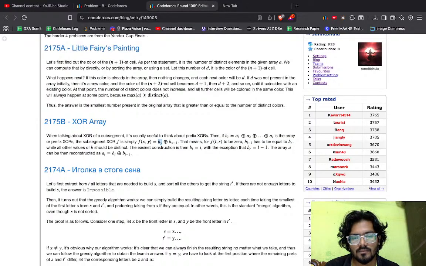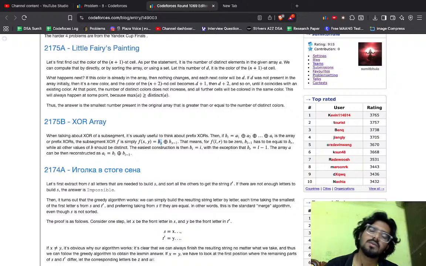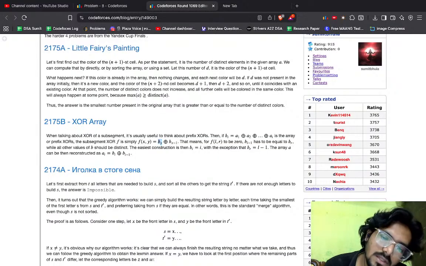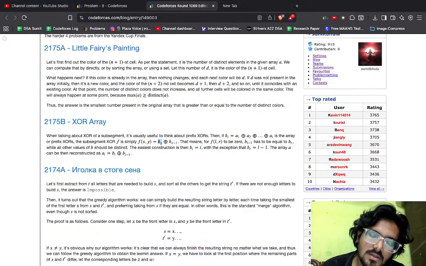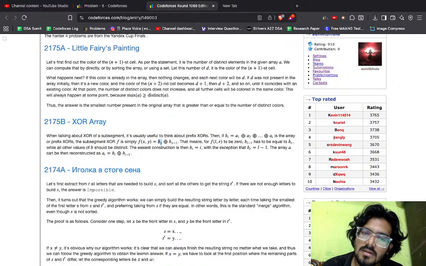With the exception that br equals l minus 1. So we construct a prefix XOR array first, and from the XOR array we get the original numbers.